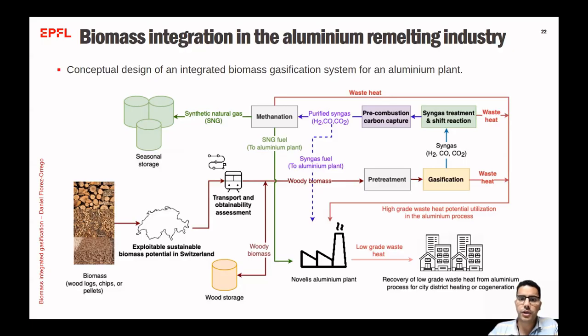Also, if we consider the upgrading of this syngas for using it directly in the aluminum furnaces, or the conversion into methane in a methanation process, because we can store methane, or we can use methane directly in the aluminum plant, then we are having a better use of this biomass energy at higher temperature. And then the waste heat at lower temperature can be used for providing the needs of a district heating network.